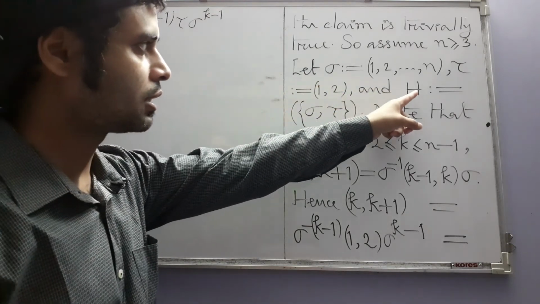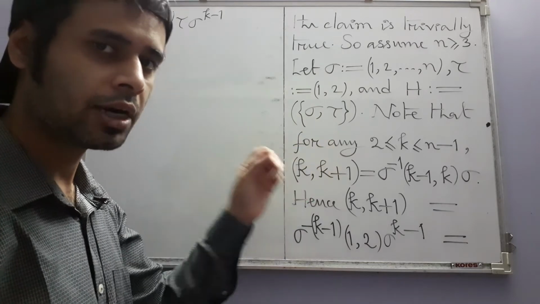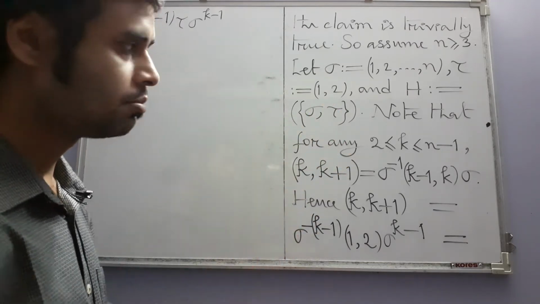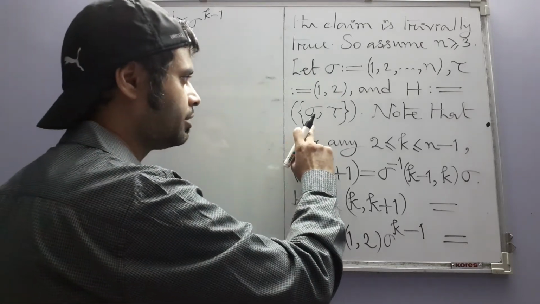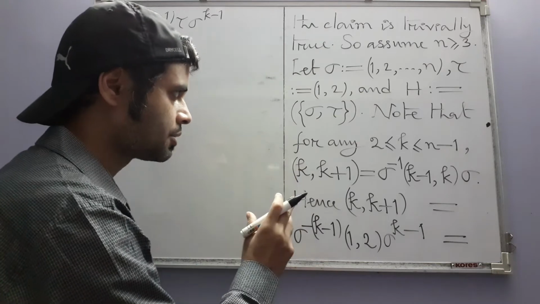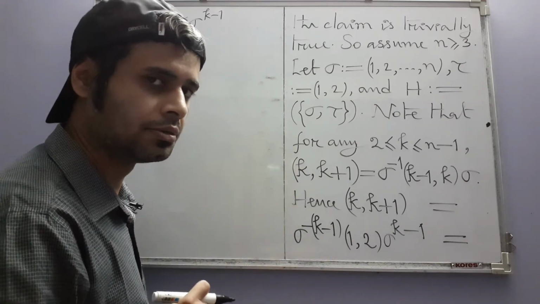Our subgroup H is generated by sigma and tau, so they are elements in this subgroup, because by the definition of a subgroup generated by some subset, that subgroup also contains that subset.